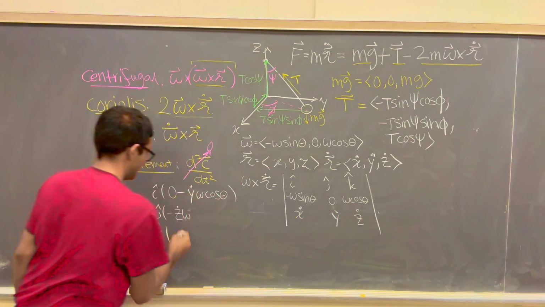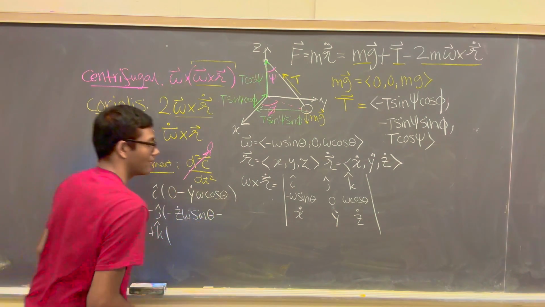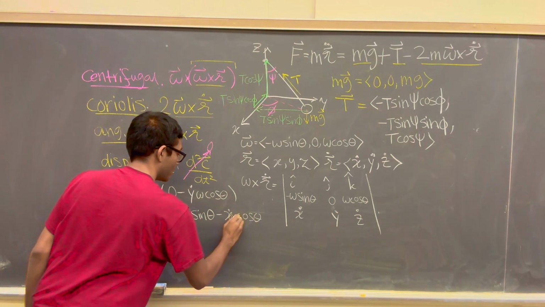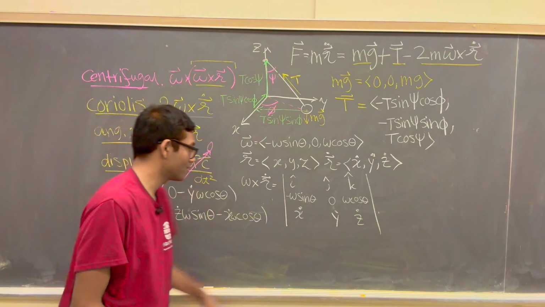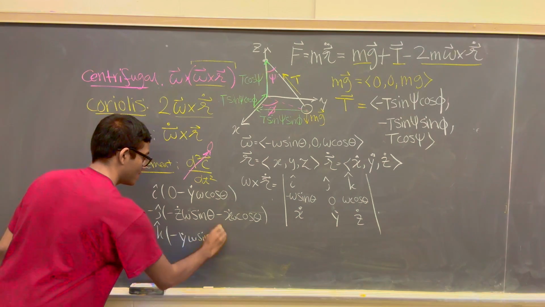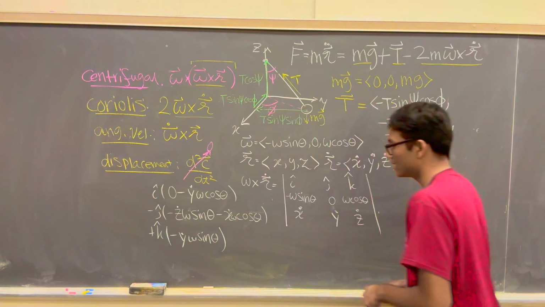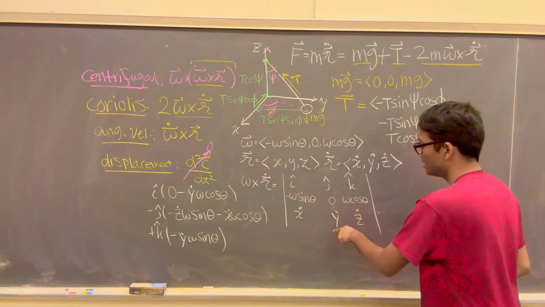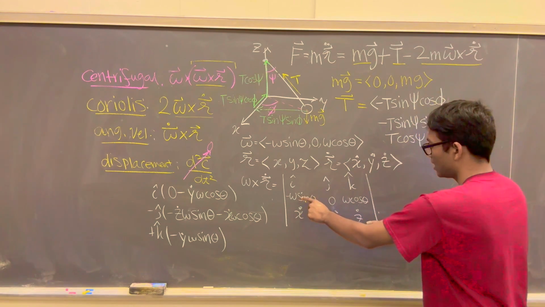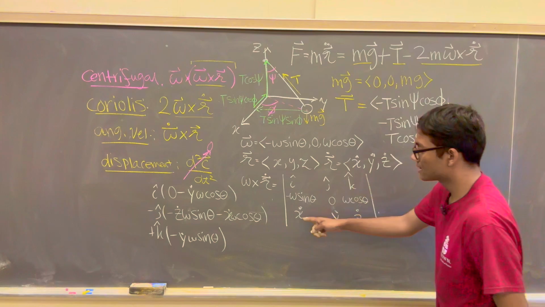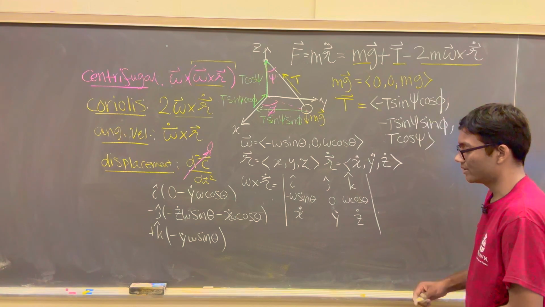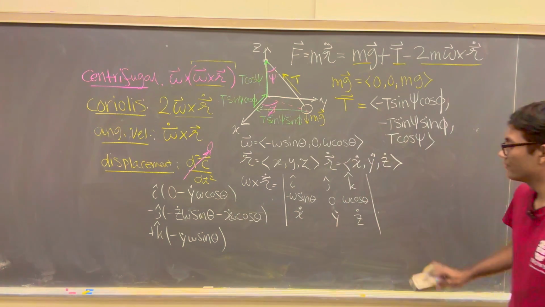So for j hat, minus omega z dot sine theta minus x dot cosine theta omega. And k hat, we've got minus y dot omega sine theta. So that is all of our components. Let's ensure that I didn't make any silly mistakes. For i hat, I've got minus y dot omega cosine theta. For j hat, I've got minus z dot omega sine theta, and then minus x dot omega cosine theta. And for k hat, I've got minus y dot omega sine theta. Okay, very good. I believe I've done it correctly.